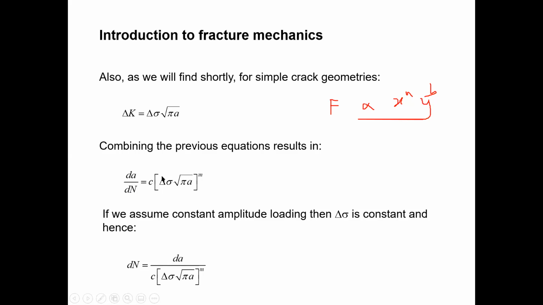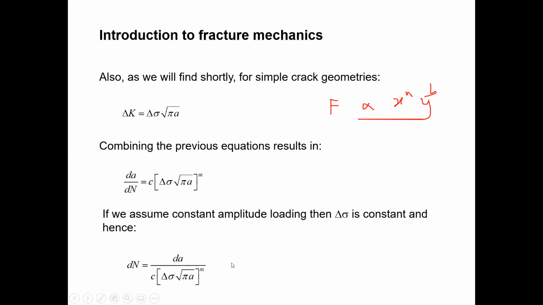If this is constant, when you integrate with respect to dA, the delta sigma you can take out, and the 5 square root 5 times that power m you can take out. The only remaining part is square root a to the power m, integrated by dA. All the constants you can take out. If delta sigma is not constant, you need to find delta sigma as a function of a.